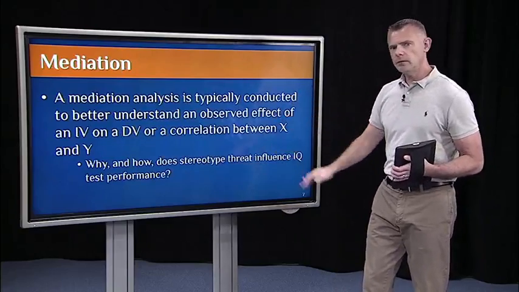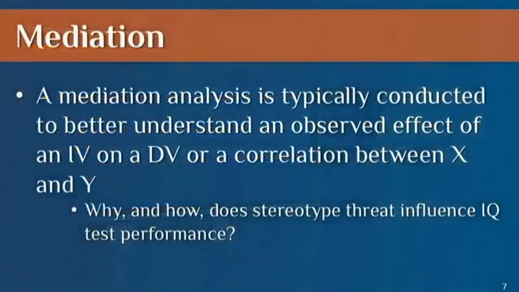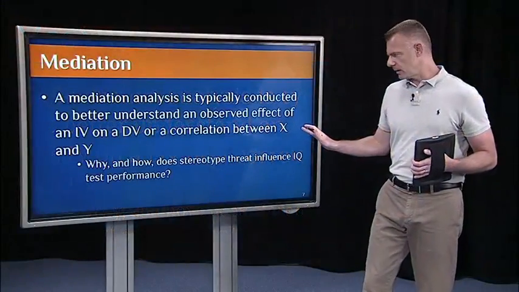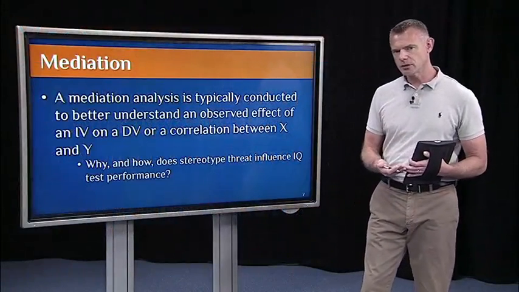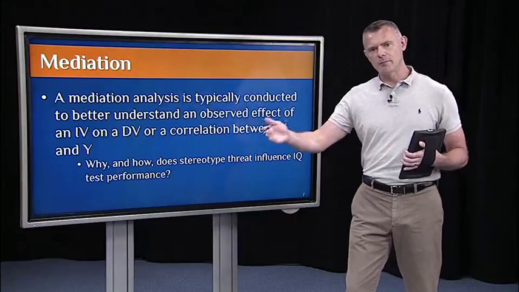So to be clear, this is a formal definition. A mediation analysis is typically conducted to better understand the observed effect of an independent variable on a dependent variable, as in this case with experimental research, or it's also used, and used often, in correlational research to better understand a correlation between X and Y. And that's really where mediation is powerful because remember, one of the problems or limitations with correlational research is correlation does not imply causation.